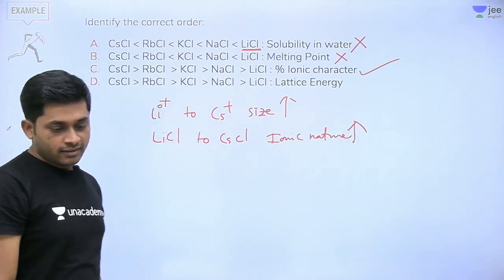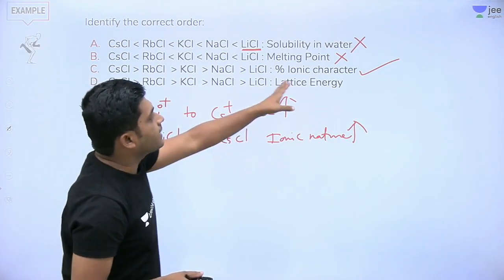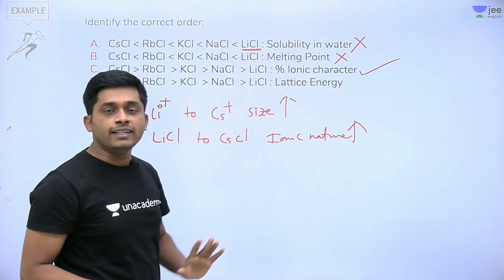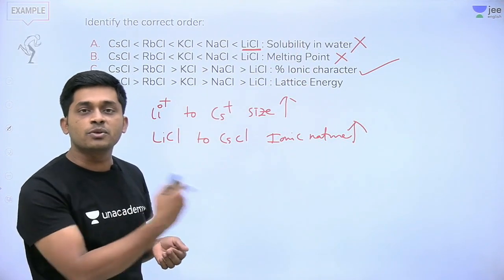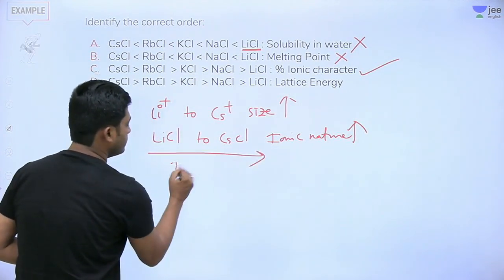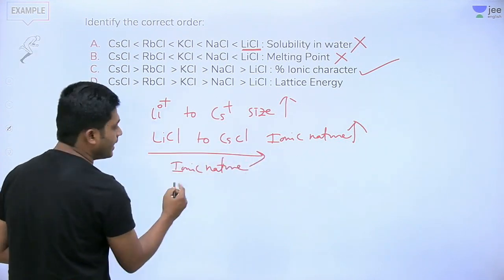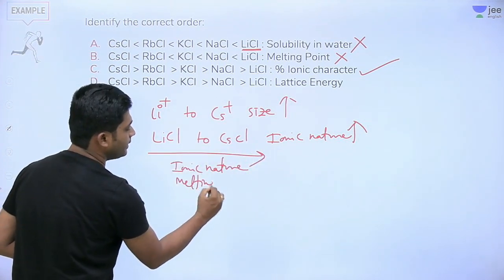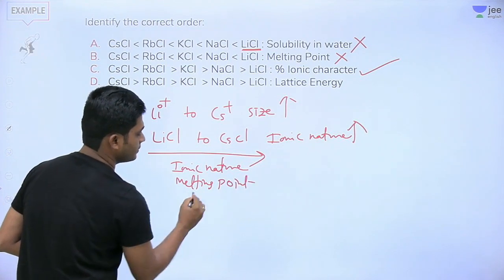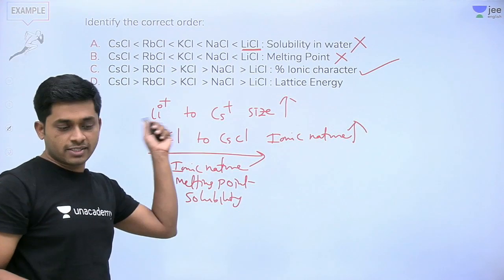Fine. Right. So we'll do the next question. You understood, right? Ionic nature is directly proportional to melting point, and ionic nature is also proportional to solubility. So these three trends are very similar: ionic nature, melting point, and solubility. All increase down this group, right?